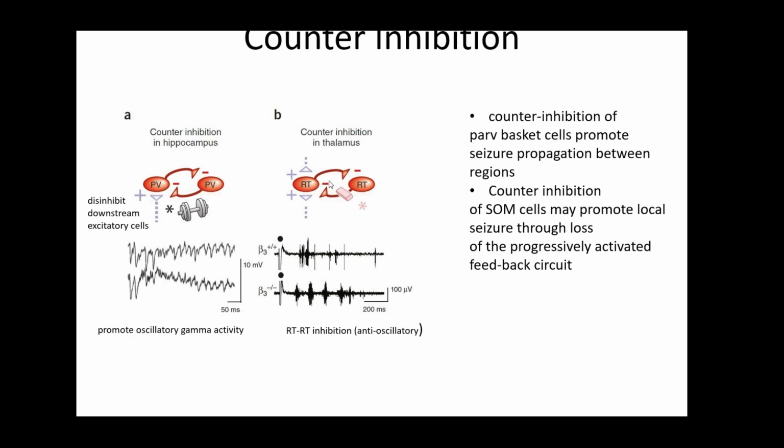So you see here an example of a GABAergic when you have the counter inhibition affected, and that's why you get worsening of the activation of the circuitries within the thalamus in the opposite way.